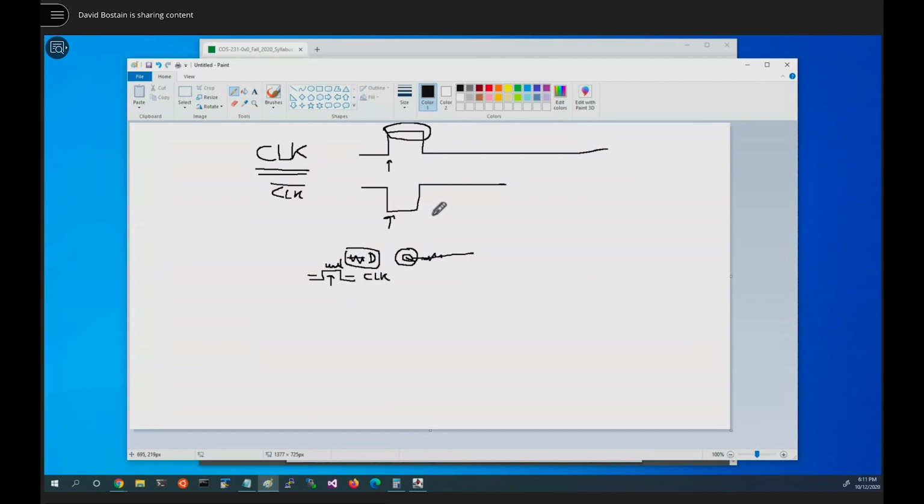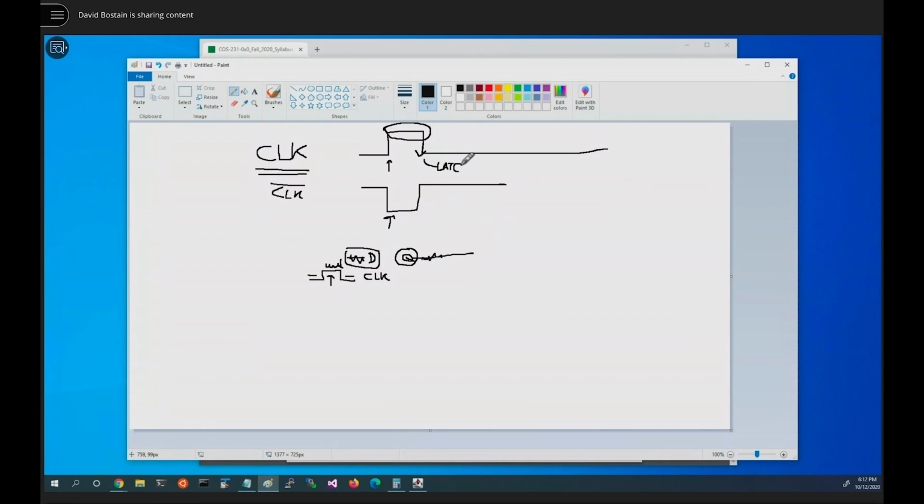Let's talk about edge clocking now. In a way, when this clock drops, we're actually doing the latching event, right? That's when the latch occurs.